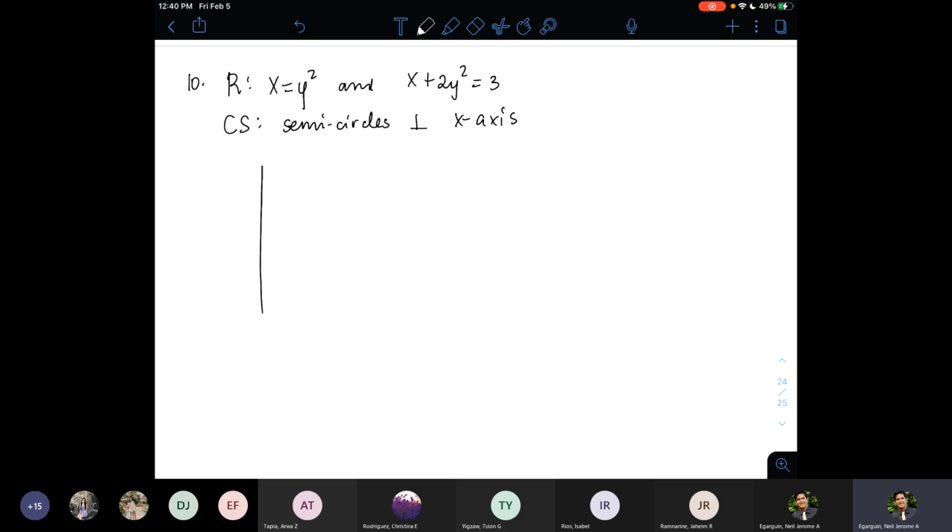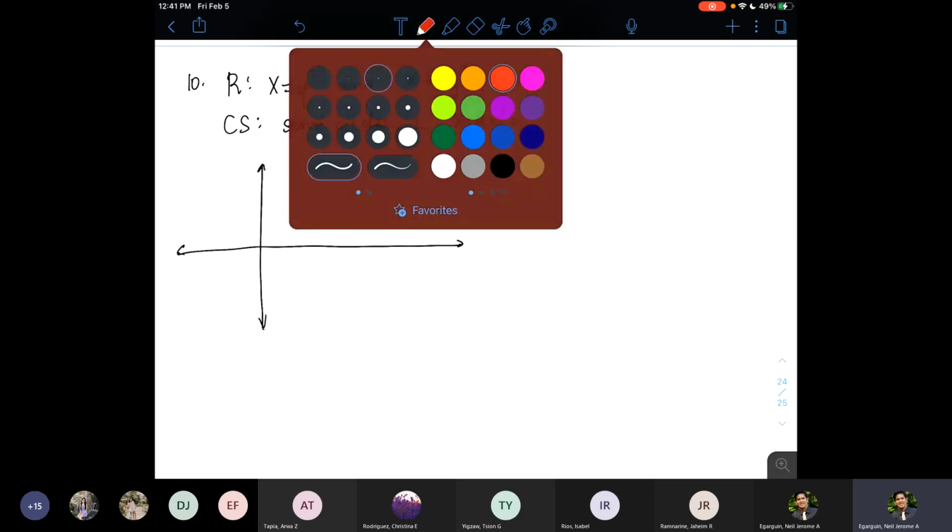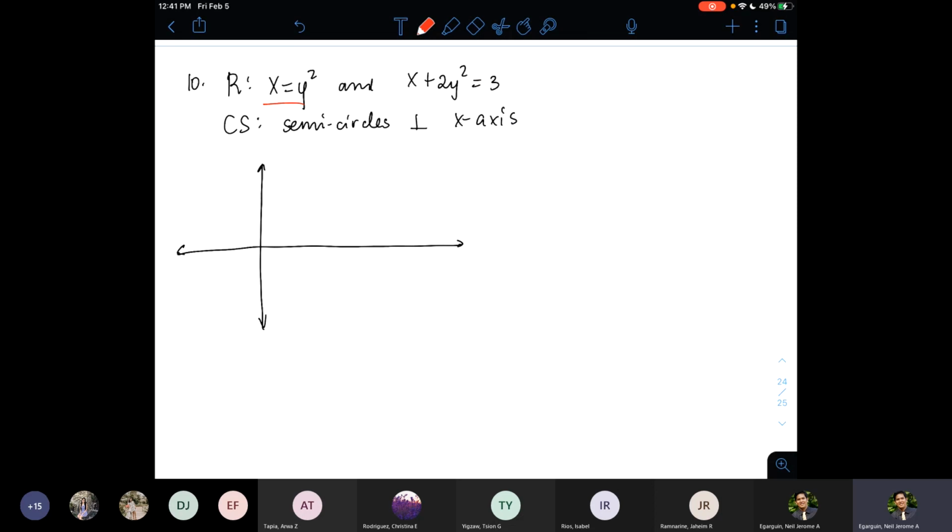Well, it would be good to have a picture of the shaded region. I'll start with x equals y squared. That's a parabola opening to the right with vertex at the origin. This is x equals y squared, okay?